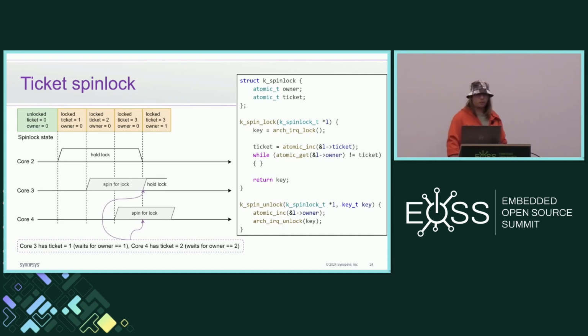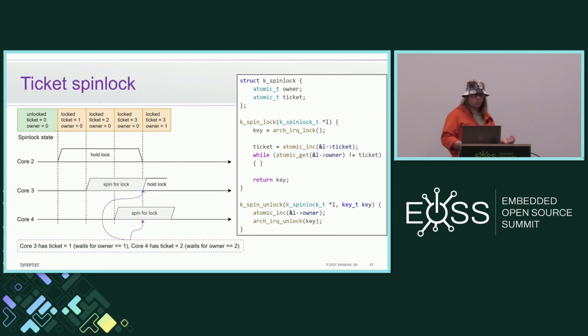And now there are potentially two threads which can grab this spinlock. In the previous spinlock implementation, there was no guarantee whether it would be core 3 or core 4, because they are both spinning on one variable, and whoever was lucky would get the spinlock. In this case, it has deterministic behavior.